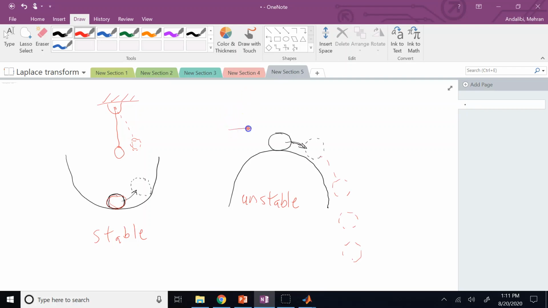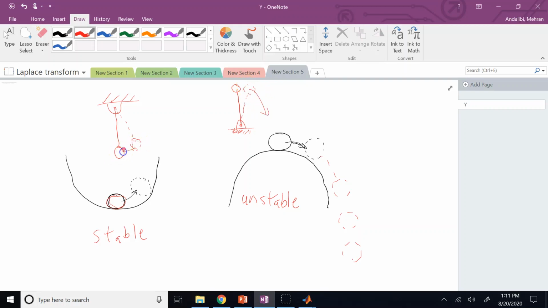But if it's an inverted pendulum, so you did a lot of work and could make it stay upright. Now if you give it a small tilt and bring it here, even if it's a fraction of a degree, what happens? It just keeps going.